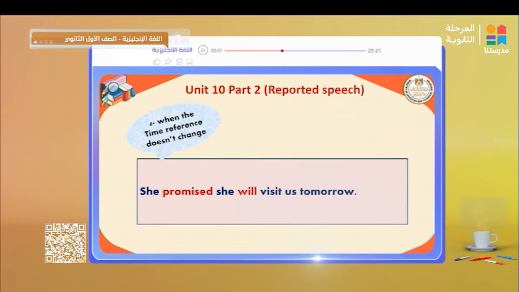Why? Because tomorrow doesn't change. The word tomorrow here didn't change into the past. It means that if we find tomorrow as it is, we keep will as it is and don't change it. But if tomorrow is changed into the following day, we are going to change will into would. Okay? So if you find the time reference without a change, the word tomorrow without a change, you will not change the verb.